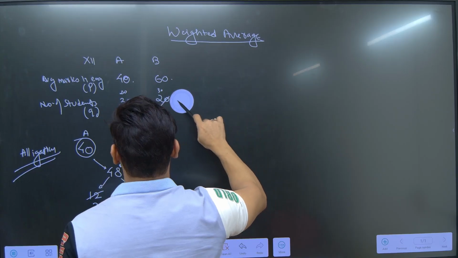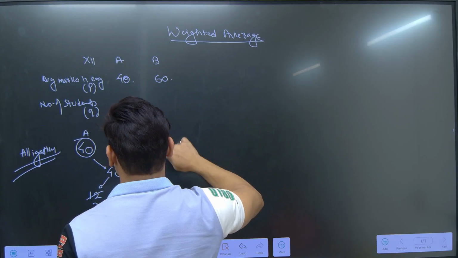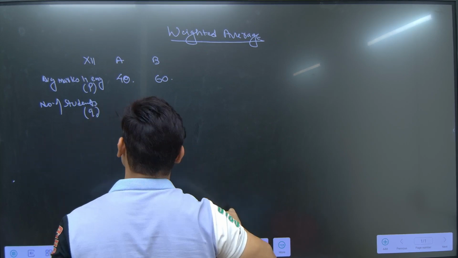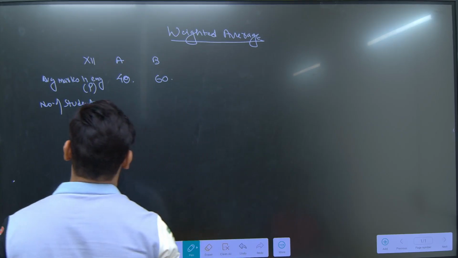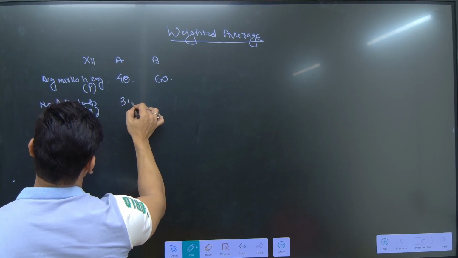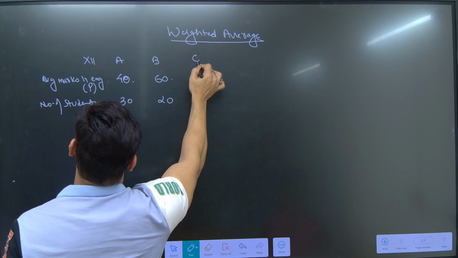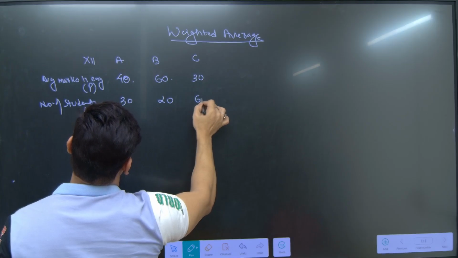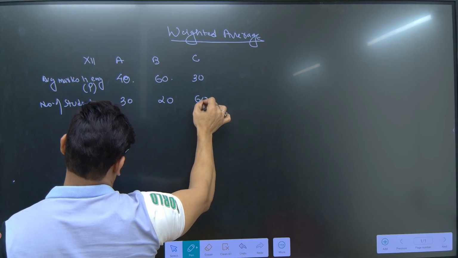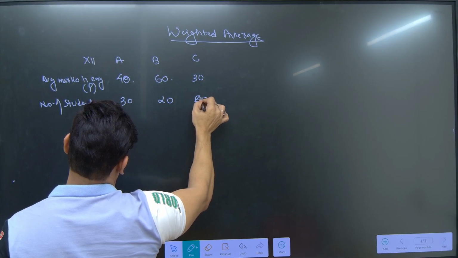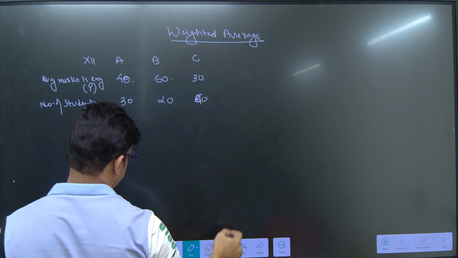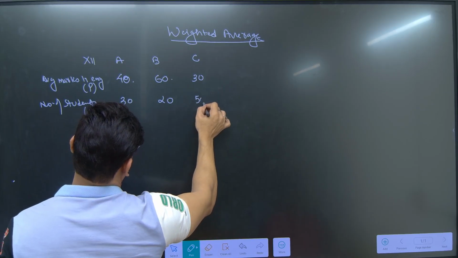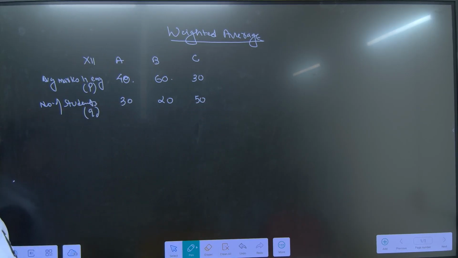See, one more thing now. ऐसे दो के पूछते हैं. 30, 20. Let's say a third section is also there, which has scored 30, and let's say 50 students are there.